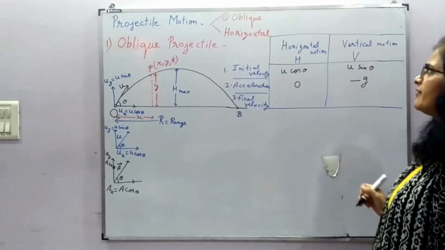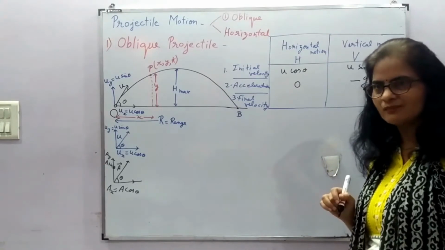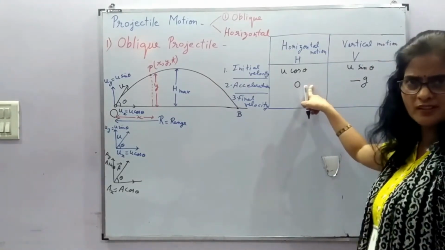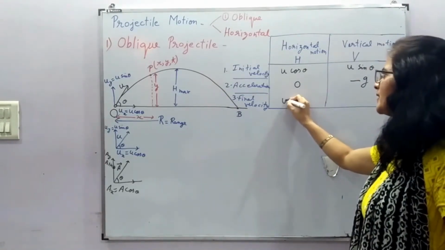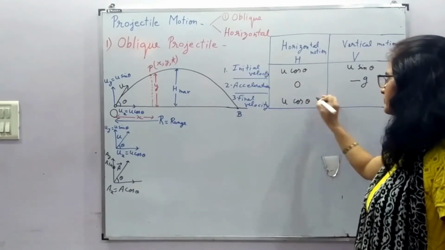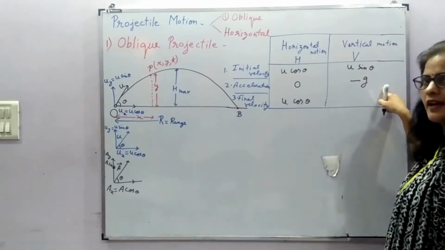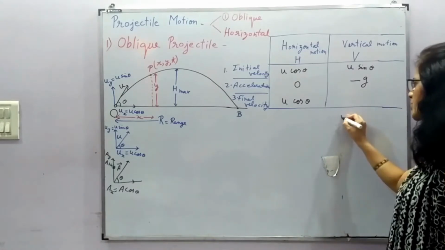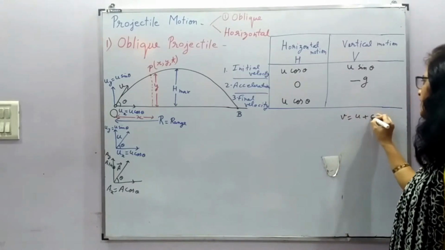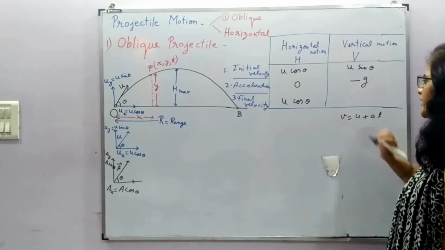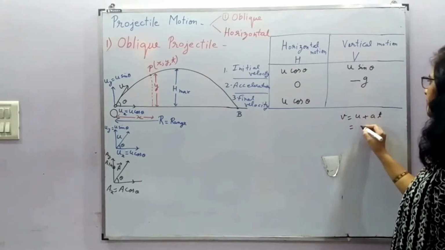Now what will be the final velocity in case of horizontal direction? We know that the acceleration is not there. So the velocity will remain same. But in the vertical case, acceleration is there. So we can use the formula v is equal to u plus at. So what will be the final velocity? We can calculate from here.